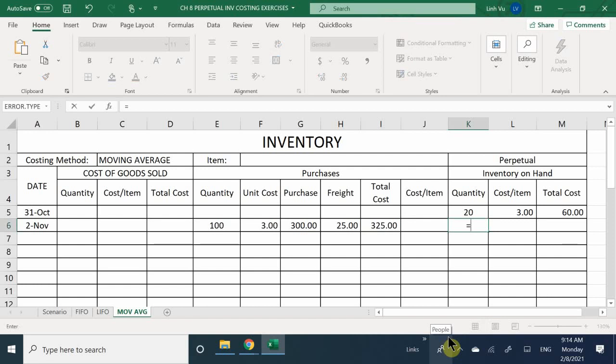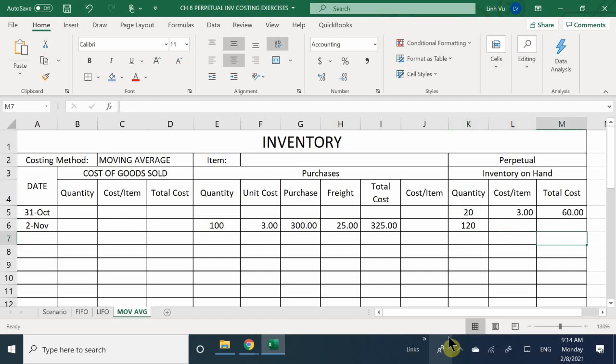I'm going to calculate my new cost per item this way, because it's an average cost per item. I'm going to go into my second line here. I'm going to add my 20 and add my 100 units right here. And when I click enter, now I have a total of 120.